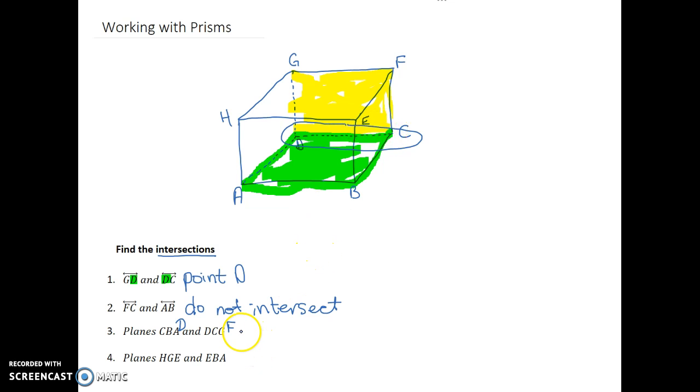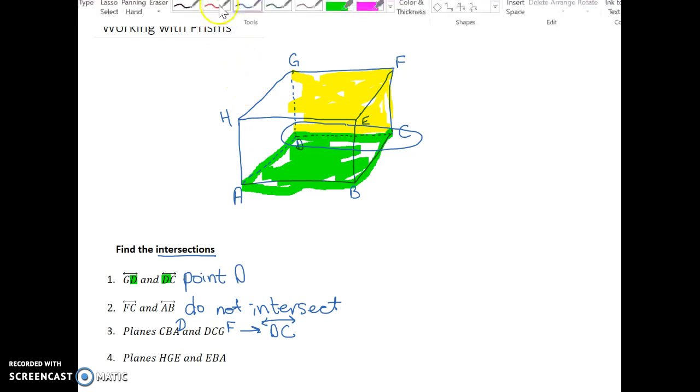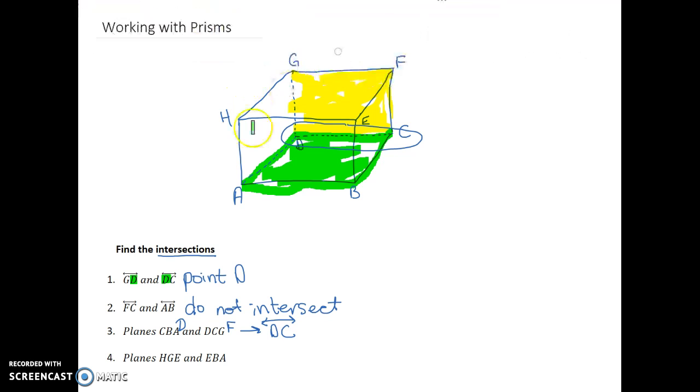And so my intersection of these two is the line DC. Something else that you might notice is that this one has a D, and this one has a D, and the first one has a C, and the second one has a C. So writing the letters also helps you see which has points in both planes, and so point C and point D is in both planes, and so the intersection is DC.